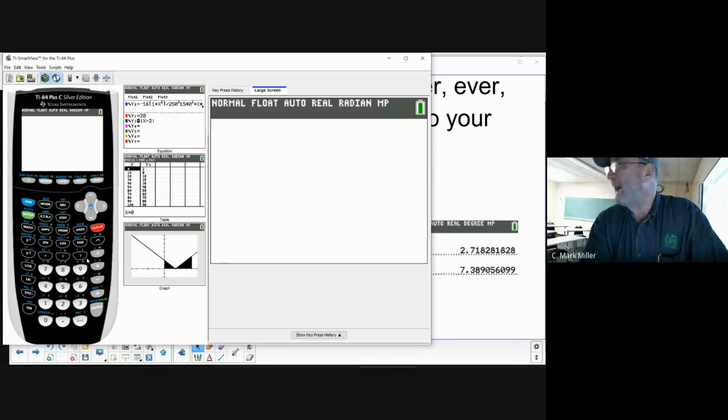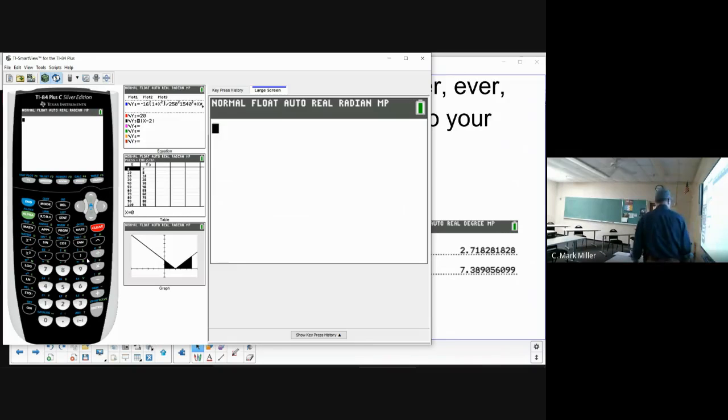So if you want e to a power, you go second, LN, which stands for natural log, and you get a little e on your screen. This is if you have a TI-84 calculator. You may see the caret symbol, but most of you are going to get that on your screen.